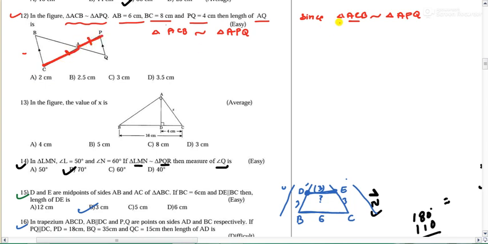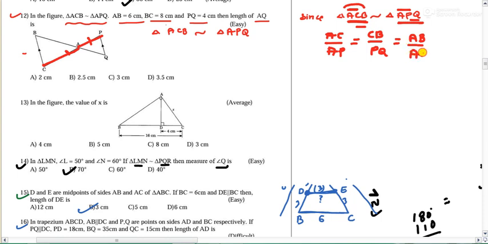Instead of looking at the diagram, look at the names: first two letters AC, and here also first two, so AC by AP equals, next if I take CB, this side is PQ, exactly, the second one. Now the third, if I take AB, what should be there?